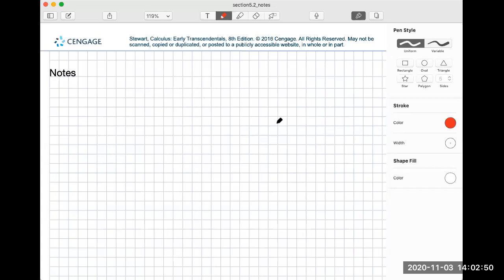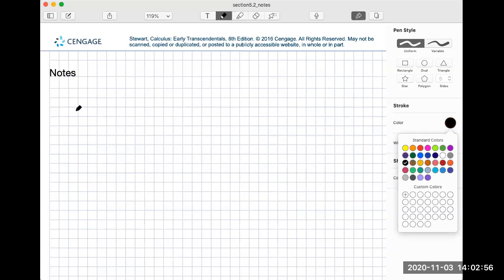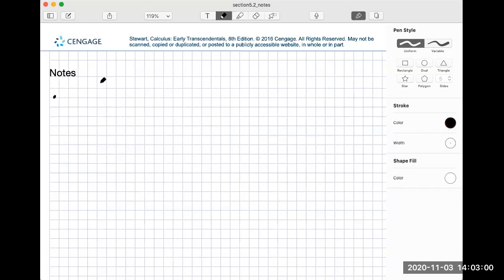So there are some notes. First one, the integral from a to b of the function f of x dx, where x is the variable. It is a name, so we can rename it in the way we want.